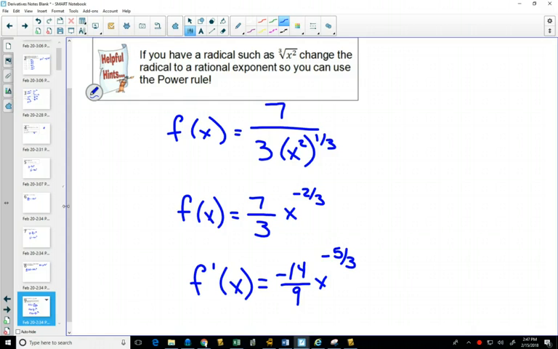And we get negative 5/3. So for the power rule, this is about as difficult as they get. Working with radicals, working with your exponent rules and fractions, and solving them from there.